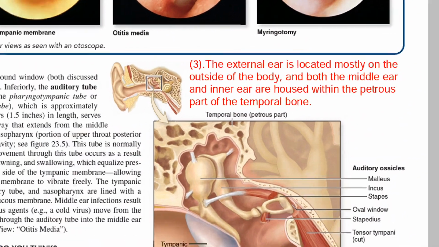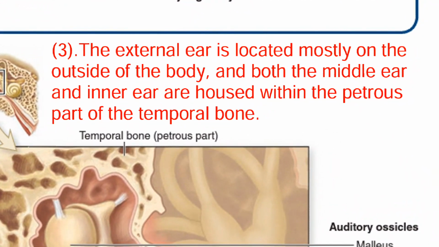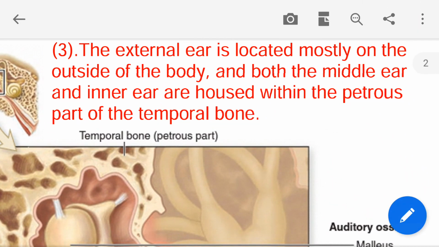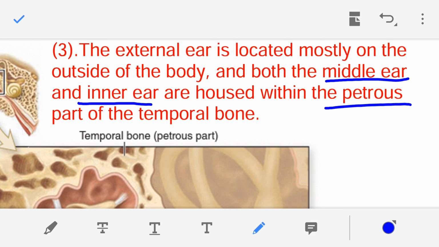Now the external ear, most of the part of the external ear is located outside our body. So parts of the external ear are present outside our body, while the structures of the middle ear and inner ear are present in the petrous part of the temporal bone.